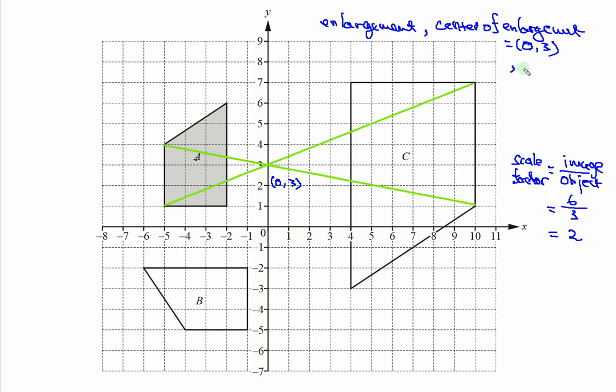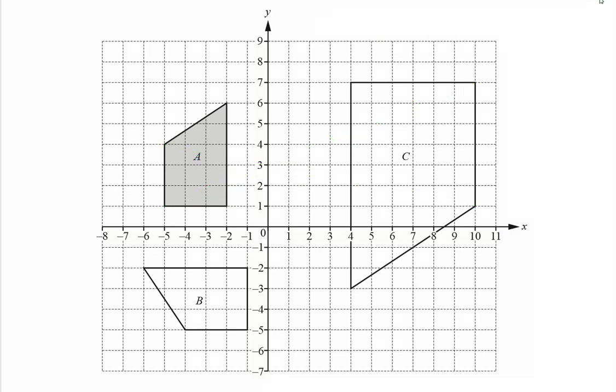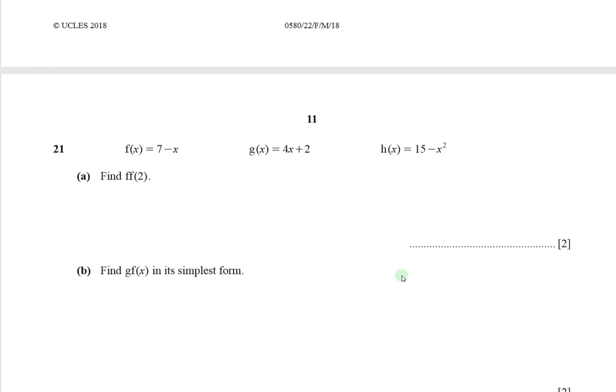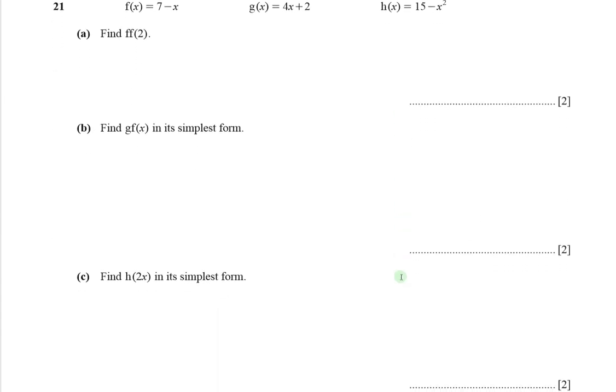The third one would be the scale factor, which equals 2. In this way, you have completely described the transformation. Then next, last question.